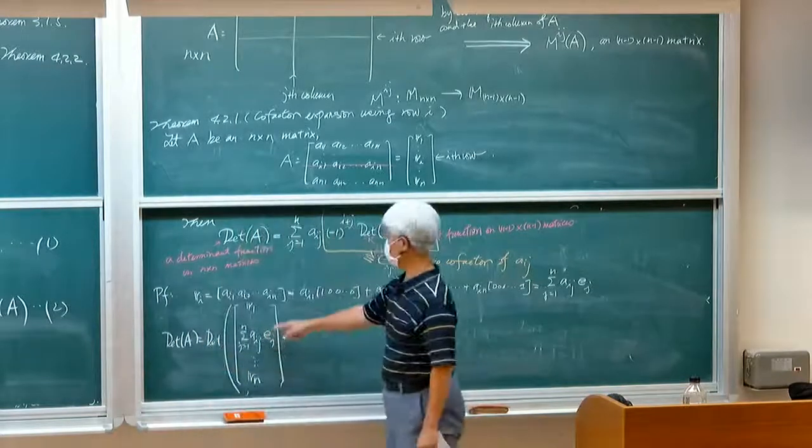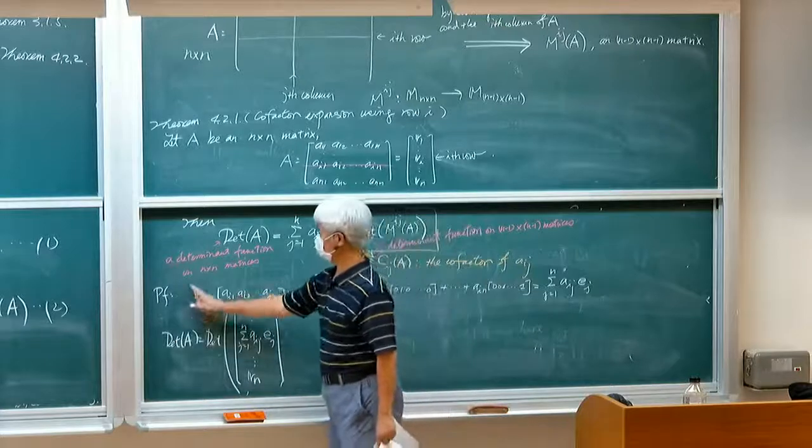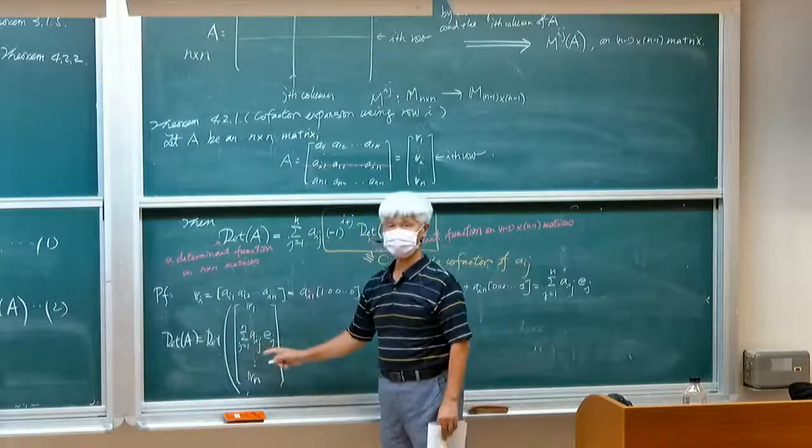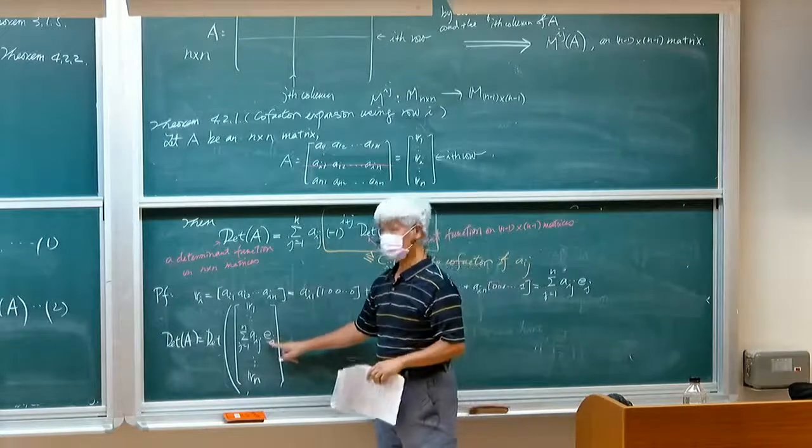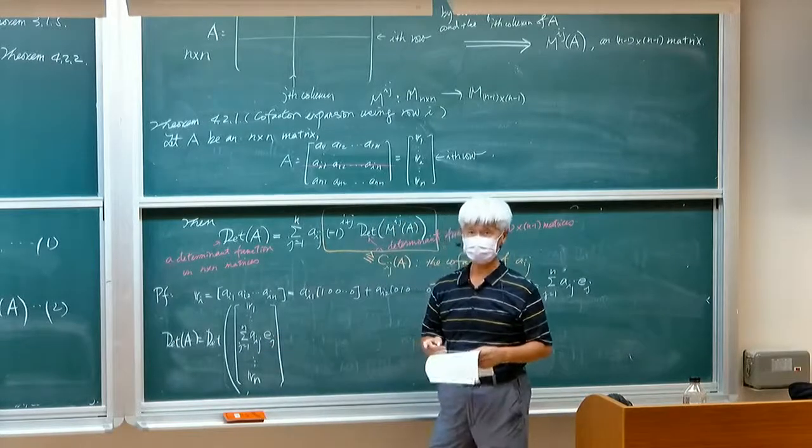Okay, so the Ri is represented by a linear combination of the standard unit row vectors Ej.